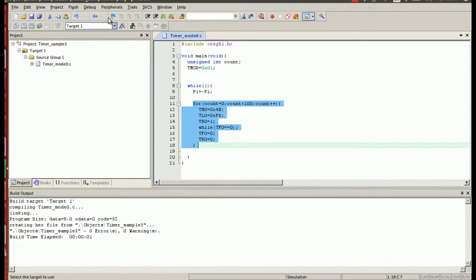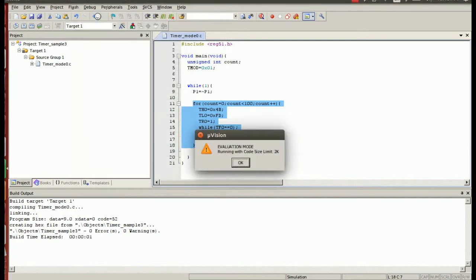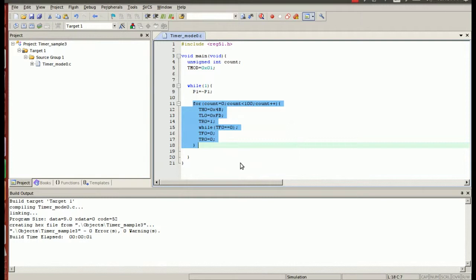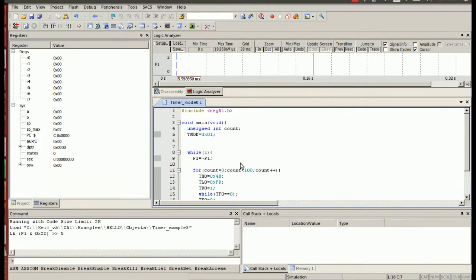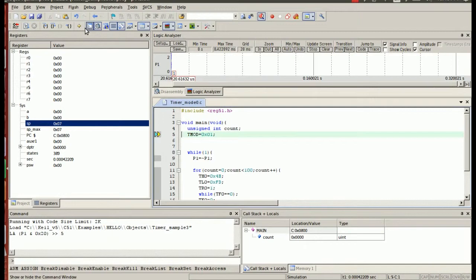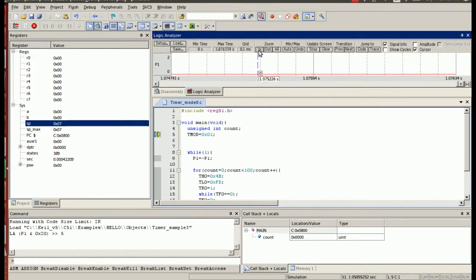There are no errors, and let me put the session in debug mode and execute the program. As per the calculation, I expect the transition to happen at approximately the 5th second.